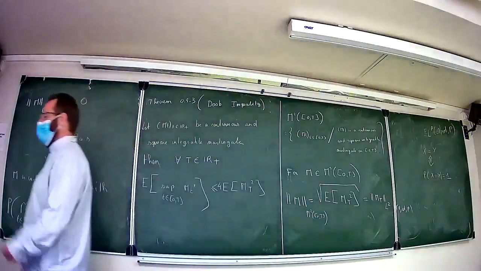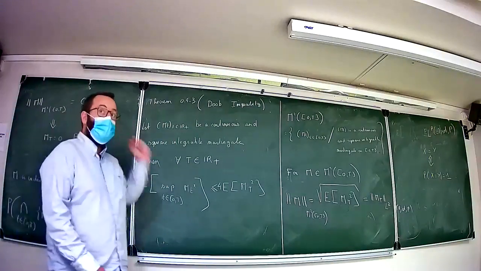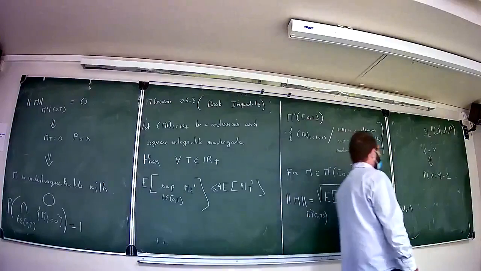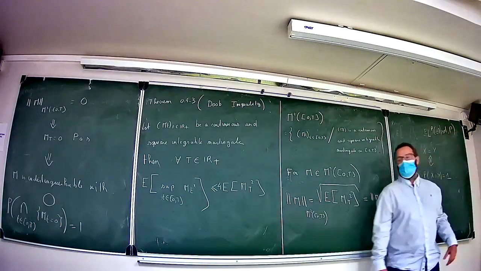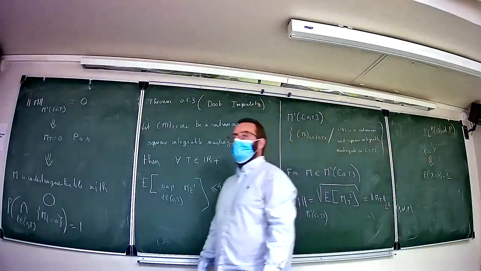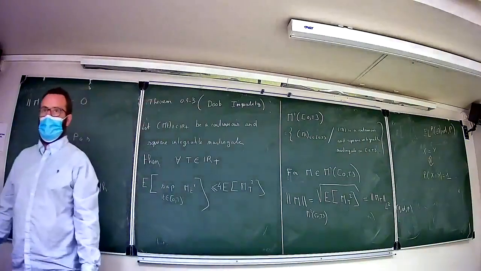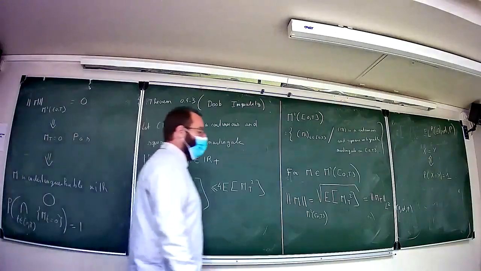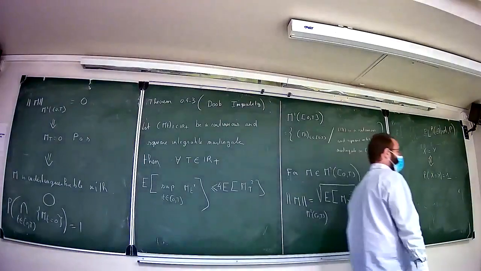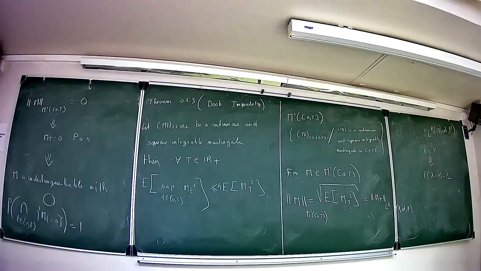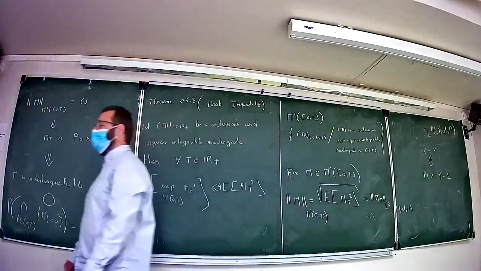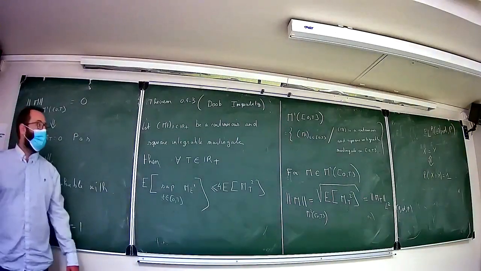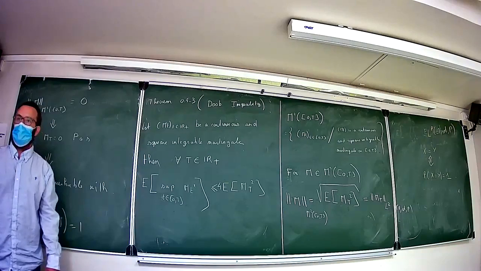If you remember, you know that this space is complete. When I am complete, it means that any Cauchy sequence is convergent. And if you want such a property, you need something very important if you want to say something concerning the limits, that is the uniqueness of the limit.